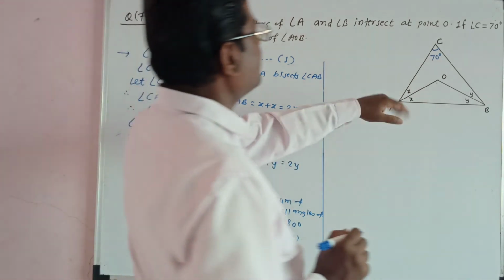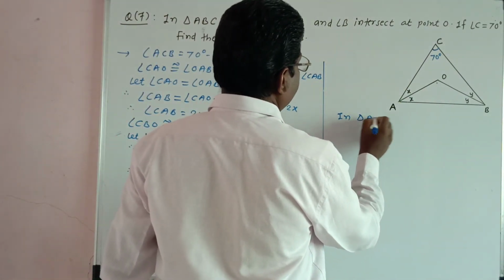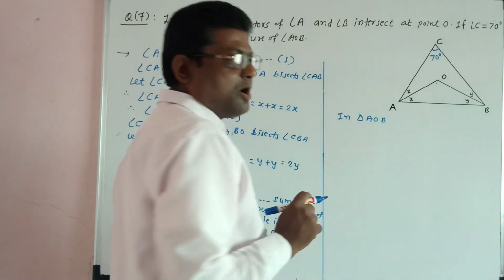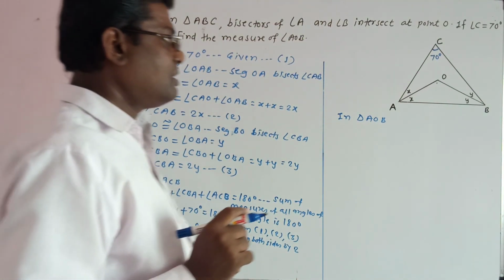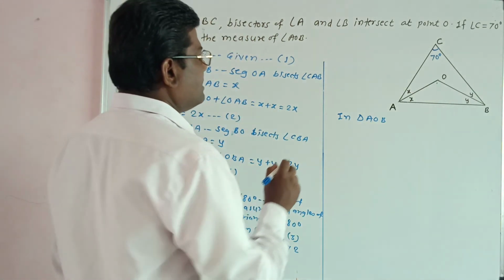Now consider triangle AOB. In triangle AOB, the sum of measures of all the angles of this triangle will be 180 degrees.